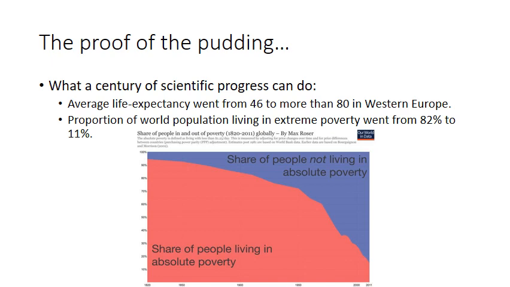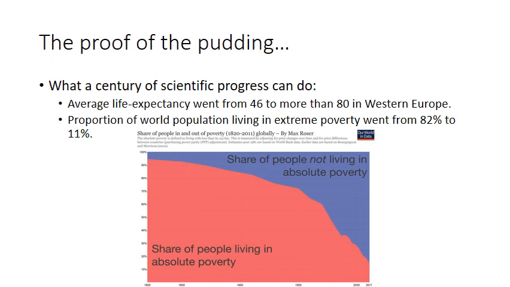And so the power of this process can easily be seen in our very recent history. If we look at life in the year 1900 and we look at life now, then we can see that we have made tremendous progress. First of all, average life expectancy went from 46 in the year 1900, due to massive child mortality, to more than 80 now in Western Europe.